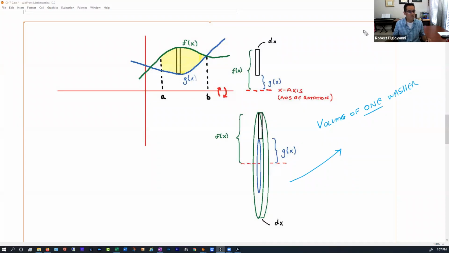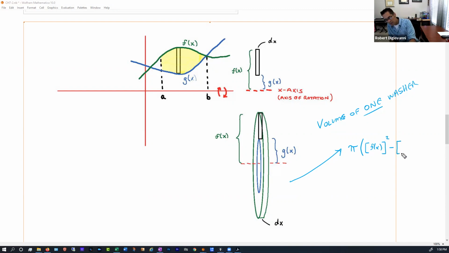Pi times the outer radius squared. What's the outer radius? f of x. So I'm going to write f of x squared minus the inner radius squared.